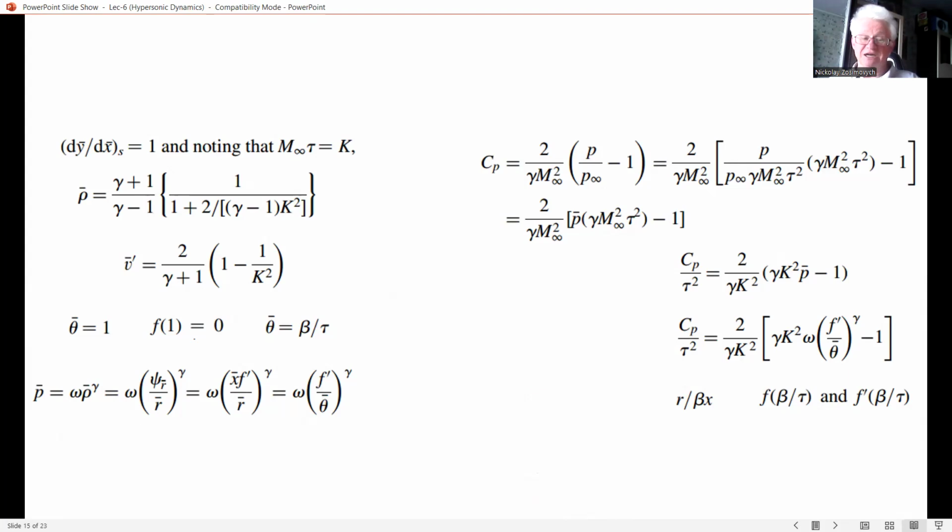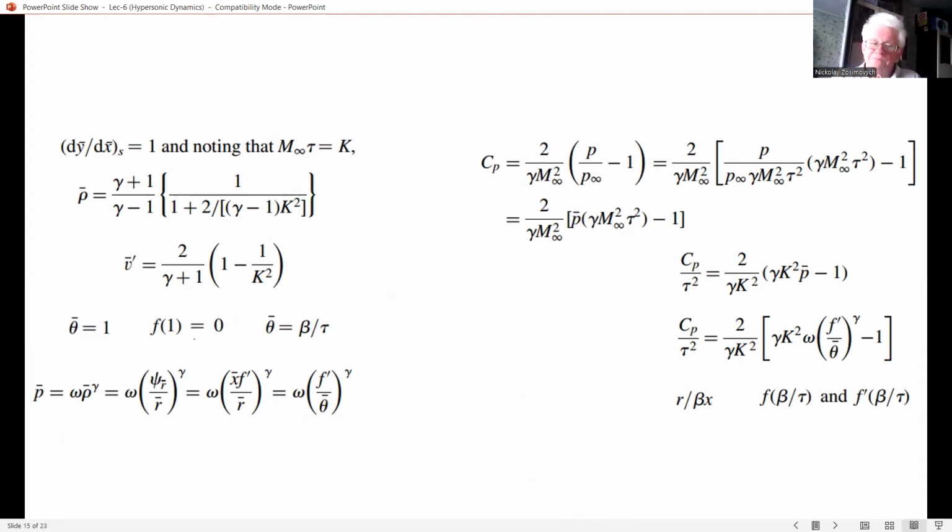And this integration can be carried out by any standard numerical technique for a nonlinear ordinary differential equation, such as Runge-Kutta, very famous from aerodynamics.